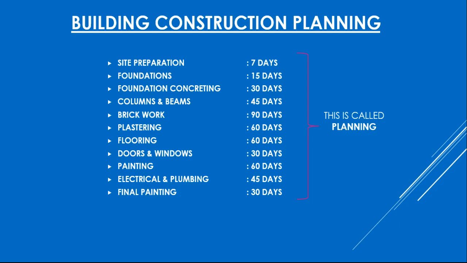All these things are listed and allocated for particular tasks, and as the work progresses, you can track the project: how much work is finished, how many resources we have used, and how much money we have spent on the materials. All those things you can track using this Microsoft Project software.